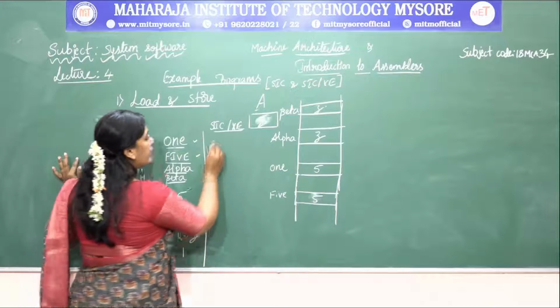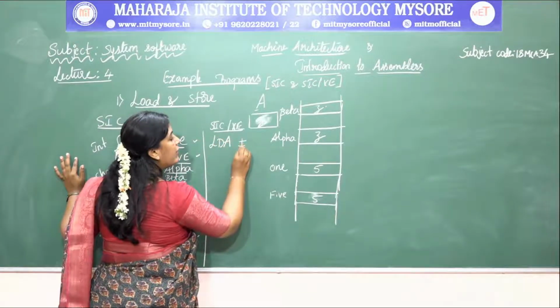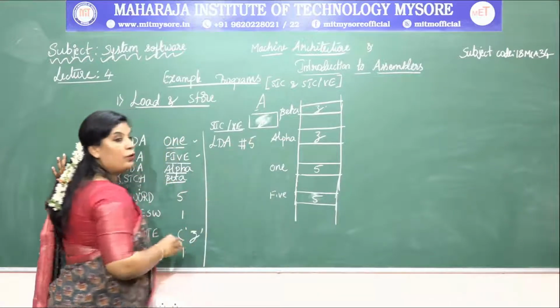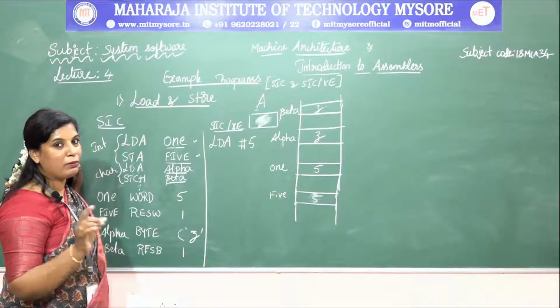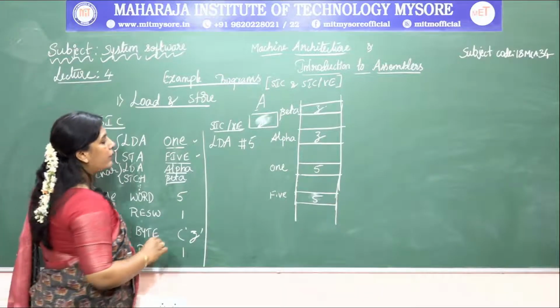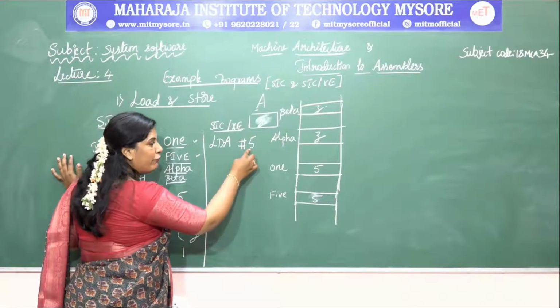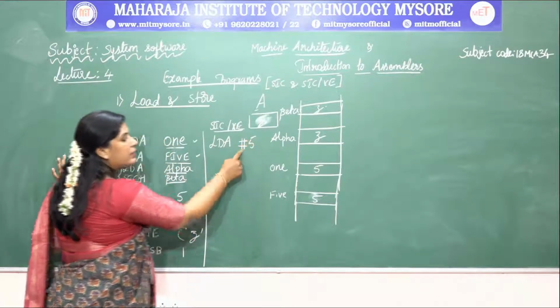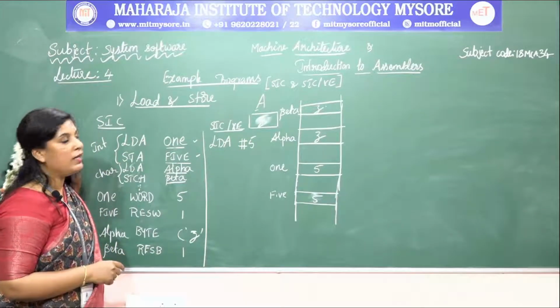So I load the accumulator with the immediate value 5. There is no need to define the memory variable 1 here. This is in the form of immediate addressing mode.